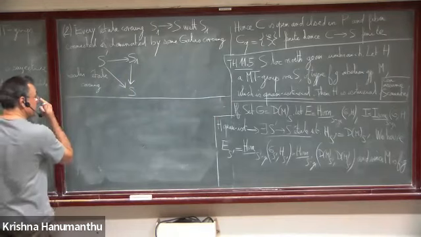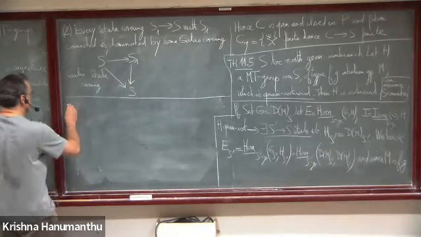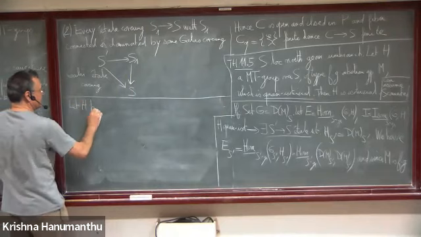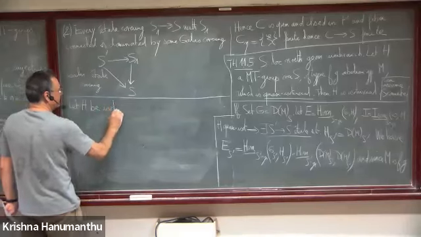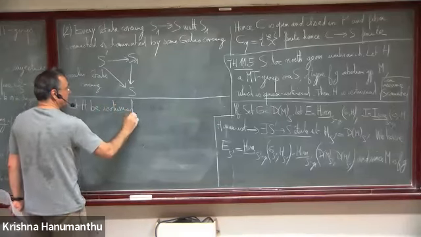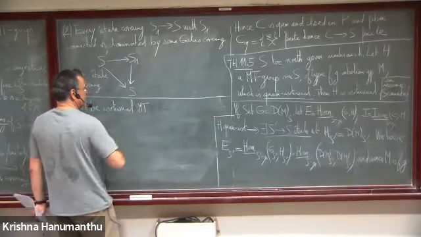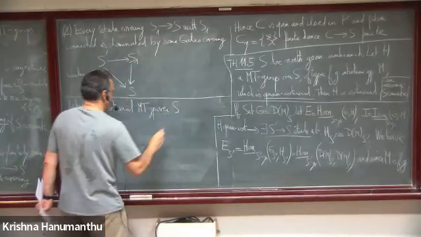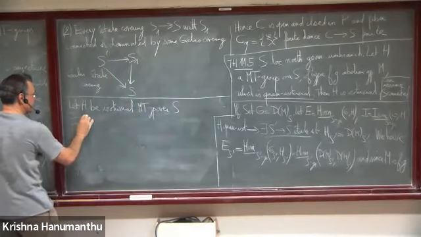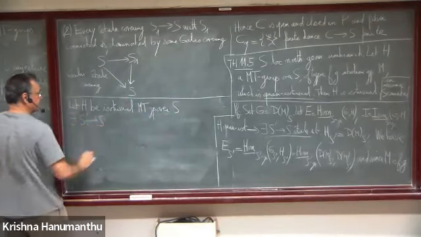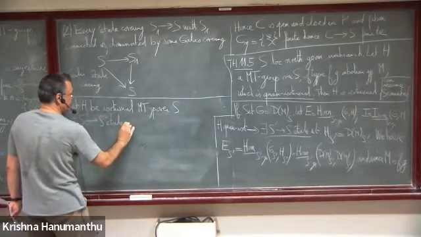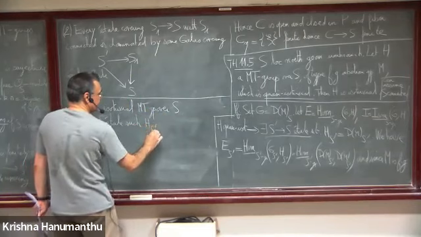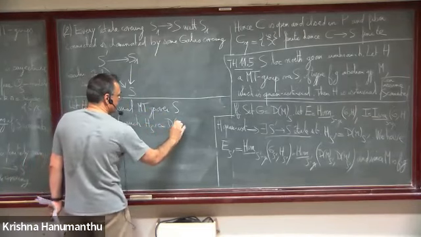And so now, let H be an isotrivial multiplicative type group over S, then there exists S prime to S etale such that H over S prime is diagonalizable.